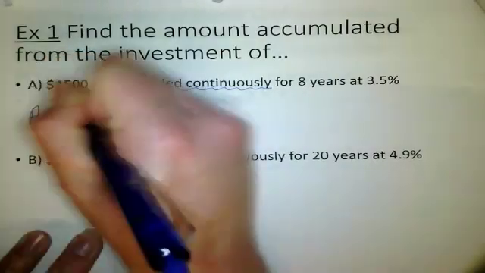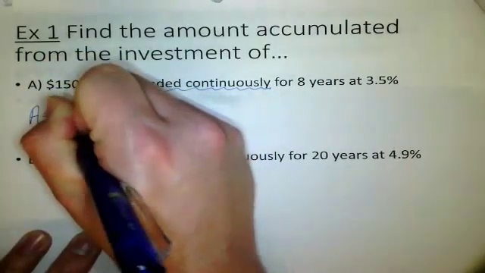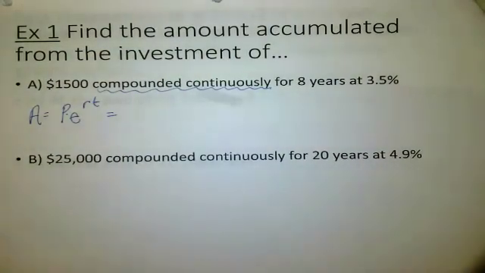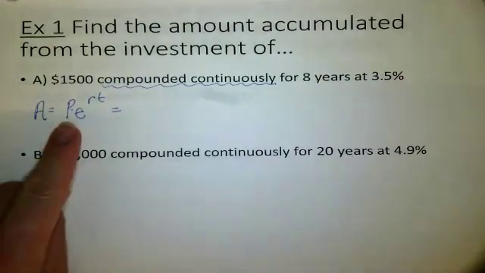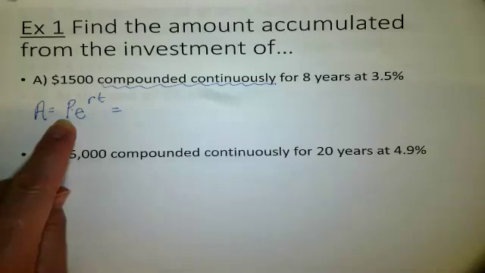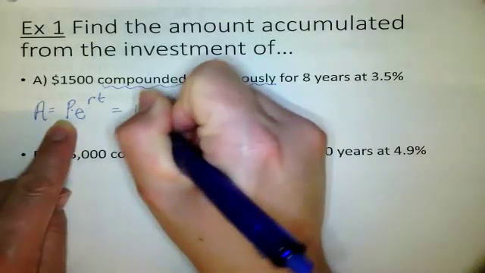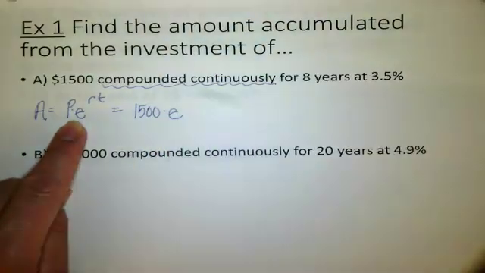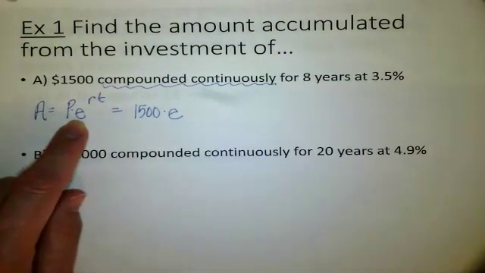So my model is A equals P times e to the RT, the PERT model. Anytime you see compounded continuously, that's the PERT model. What do we put in place of P? 1,500 is the principal, your starting amount. e is a button on your calculator.